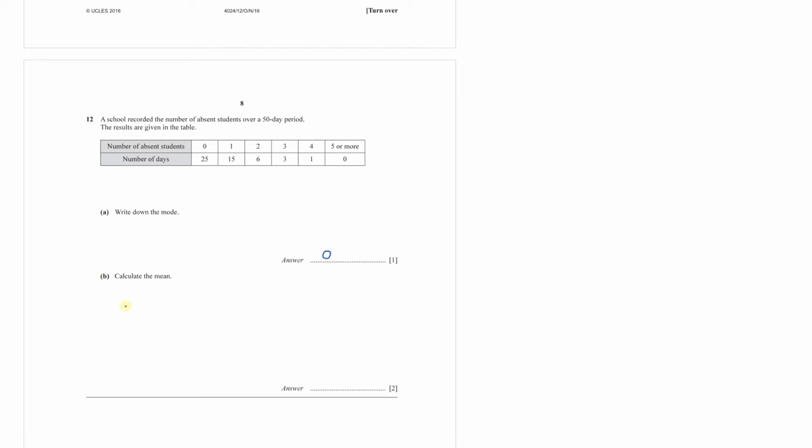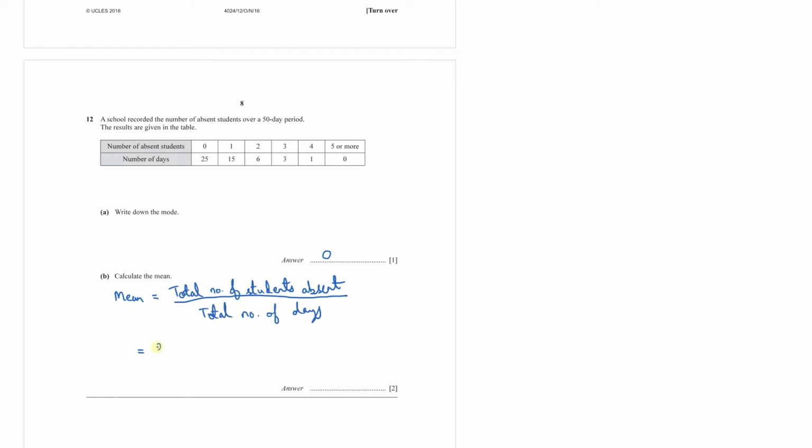Calculate the mean. So mean equals total number of students absent divided by total number of days. So you can find the total number of students absent by using the table.